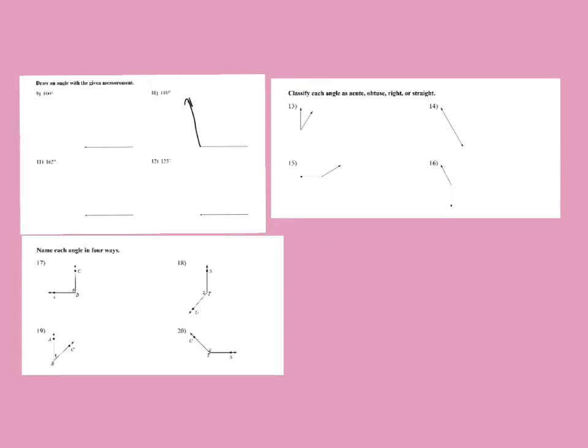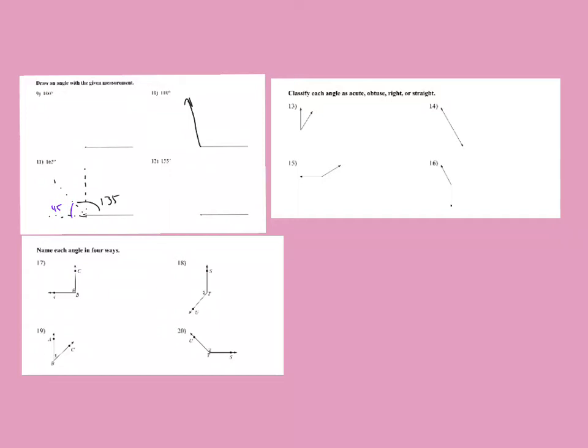165, so same thing. Here is, well, there's 90. There's 180, because all lines are 180. Here's 135. So that's 135, right? If I half this, this is 45, all right?